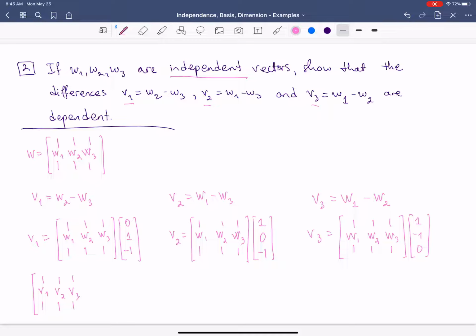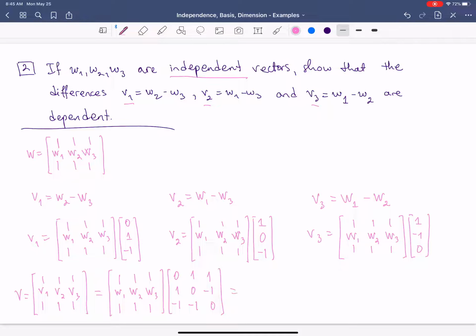I'll call that matrix, surprisingly, V. That matrix, now I will carry this out as, well, maybe I'll write it and then you'll see what's going on. w1, w2, w3 times the matrix 0, 1, negative 1, 1, 0, negative 1, 1, negative 1, 0.